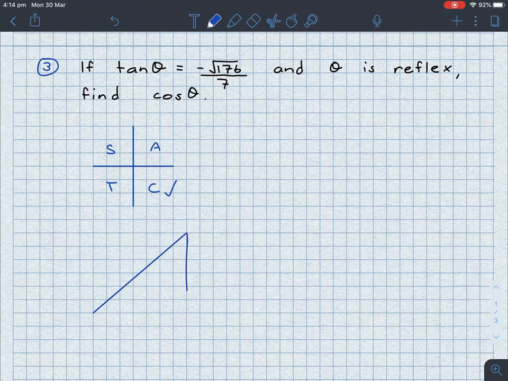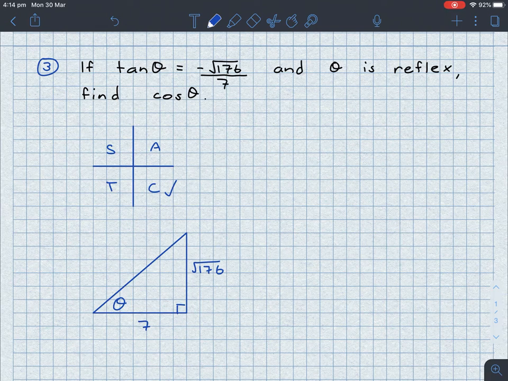So we know that cos is going to be positive when we find its value. To find the other value for my ratio, I'll draw a right-angled triangle. I'm not drawing it as though it's in the fourth quadrant. You can if you want to, but any right-angled triangle will do. Theta can go in either of the corners. Tan is opposite on adjacent. So for where I put theta, I'll just put square root of 176 and 7.